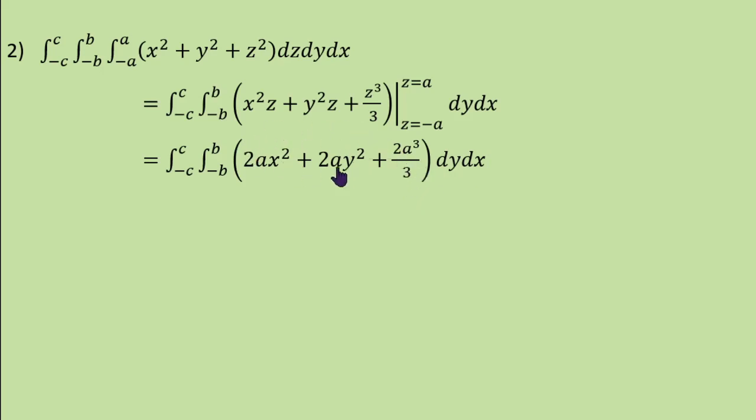So this is integrated with respect to y from minus b to b. 2a x square is constant. Integral with respect to y is 2a x square into y. 2a into y square, integral with respect to y is y cube by 3. And 2a cube by 3 is constant, so its integral with respect to y is 2a cube by 3 into y.